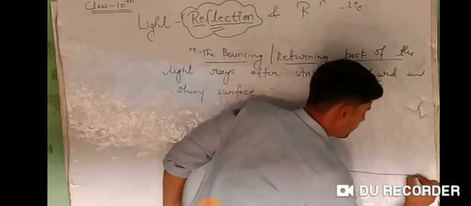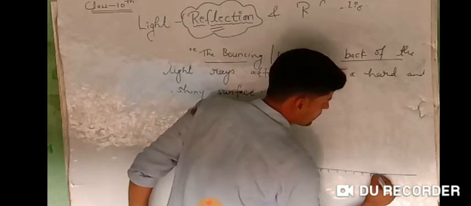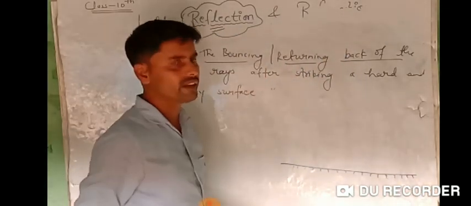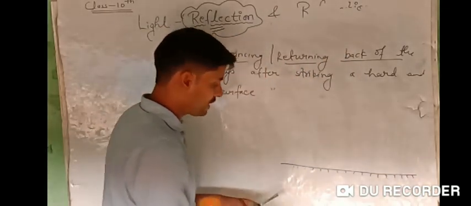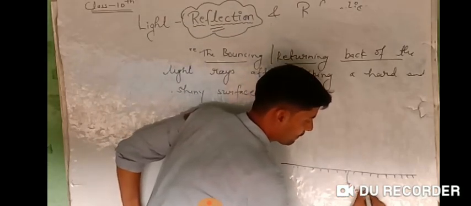Suppose that this is any hard surface. The surface which reflects the light rays is termed as the reflecting surface.